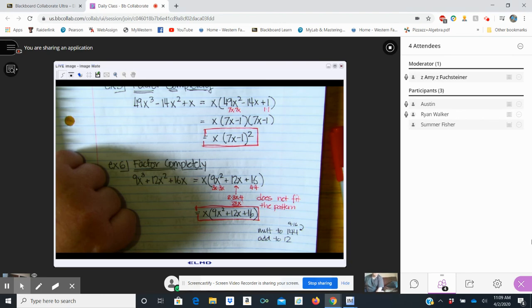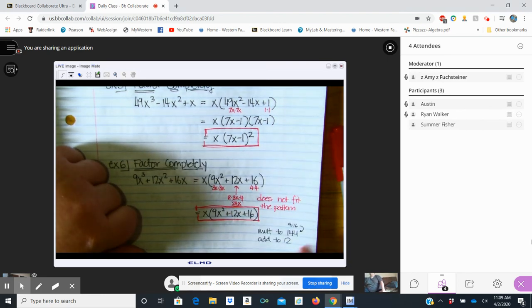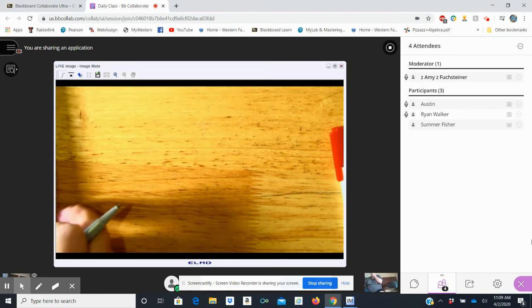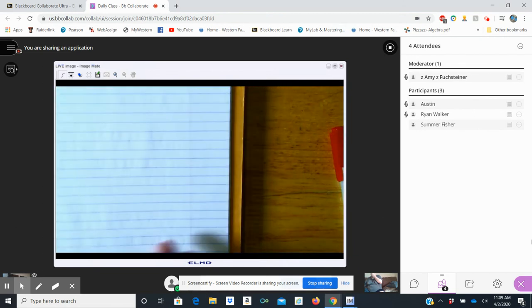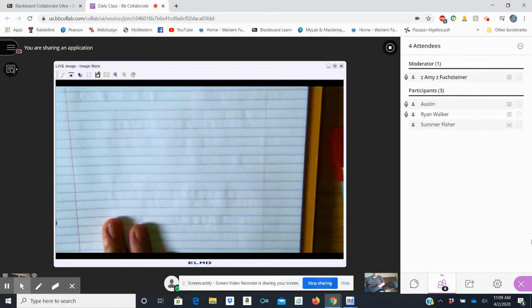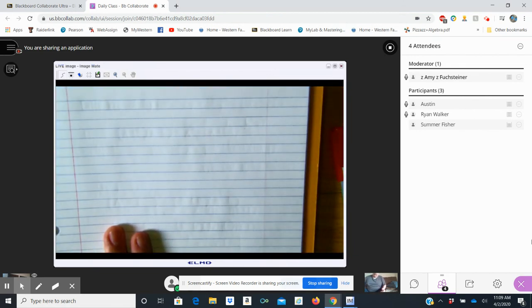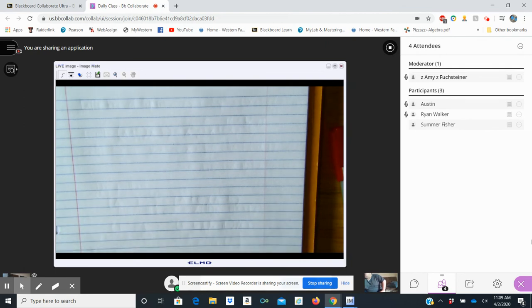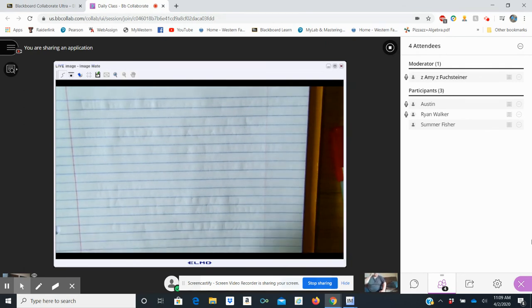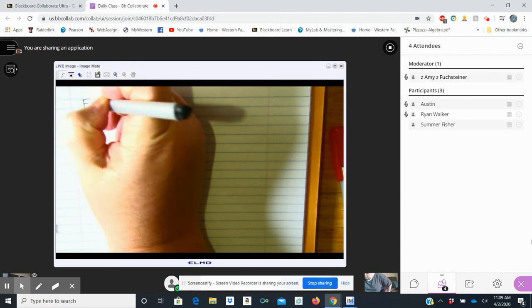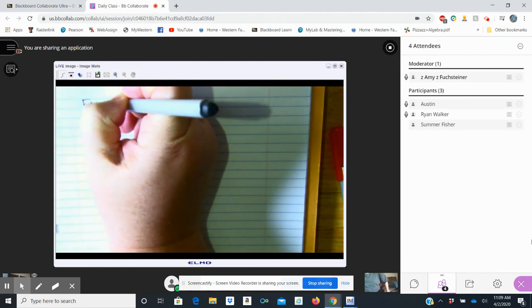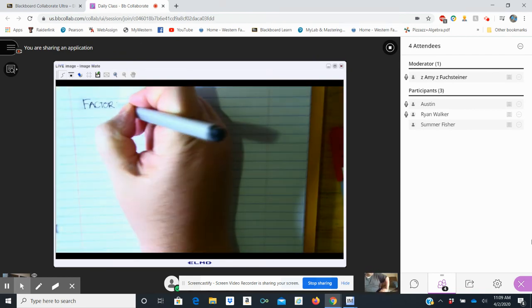So you can still do 1 times 16. You can use the same method there. We're doing the same thing over and over in all different kinds of iterations. But today we've got patterns, so today's a little bit different.